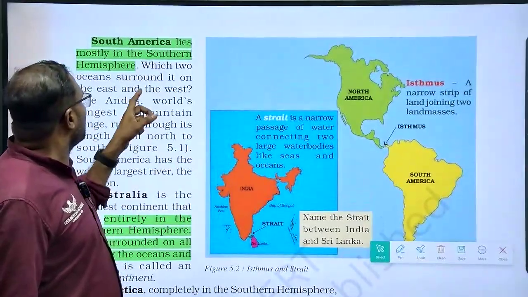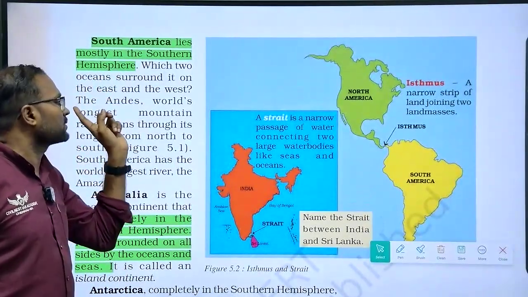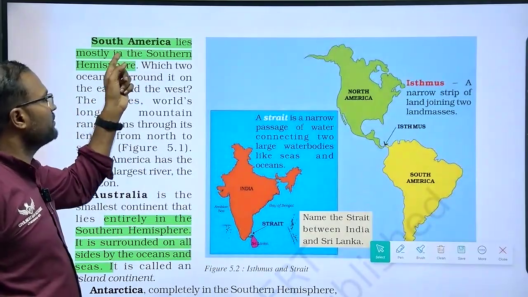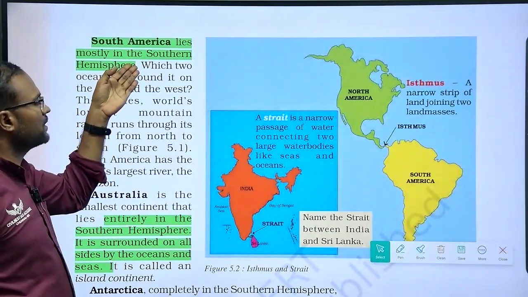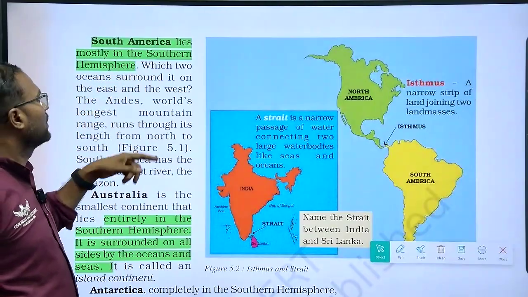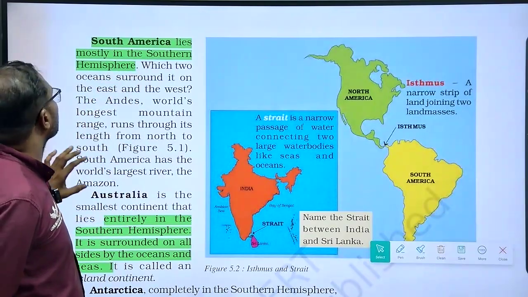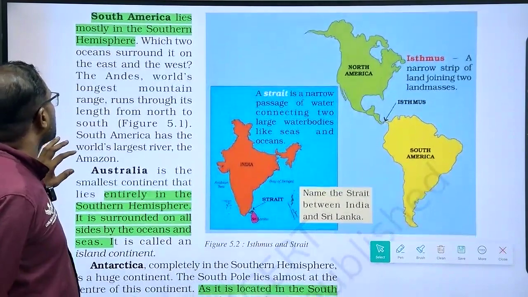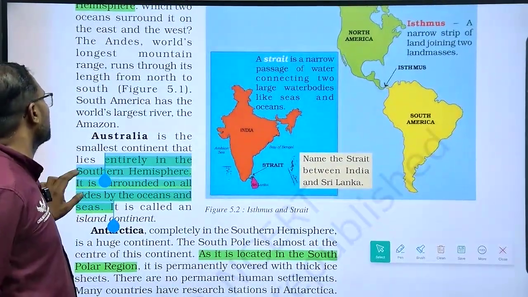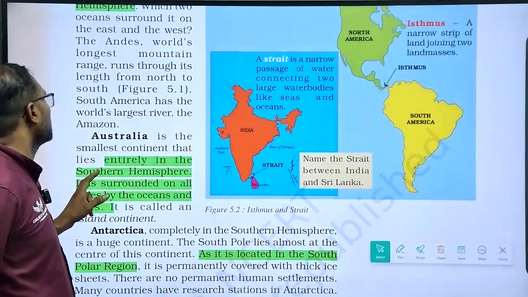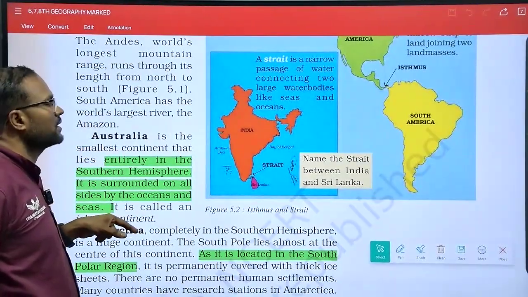South America lies mostly in the southern hemisphere. Remember, mostly, because the equator also passes through South America. Australia is the smallest continent that lies entirely in the southern hemisphere. The only continent that lies entirely in the southern hemisphere is Australia.